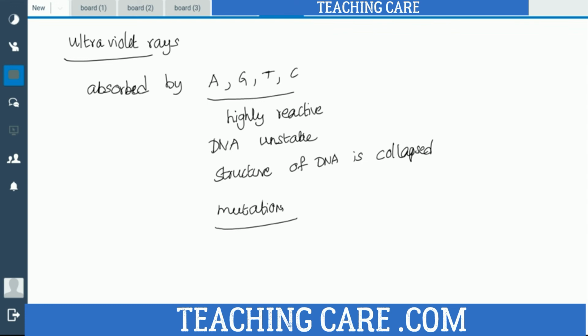So due to ultraviolet rays, the nitrogen bases become highly reactive, and when they become highly reactive, the DNA is unstable.